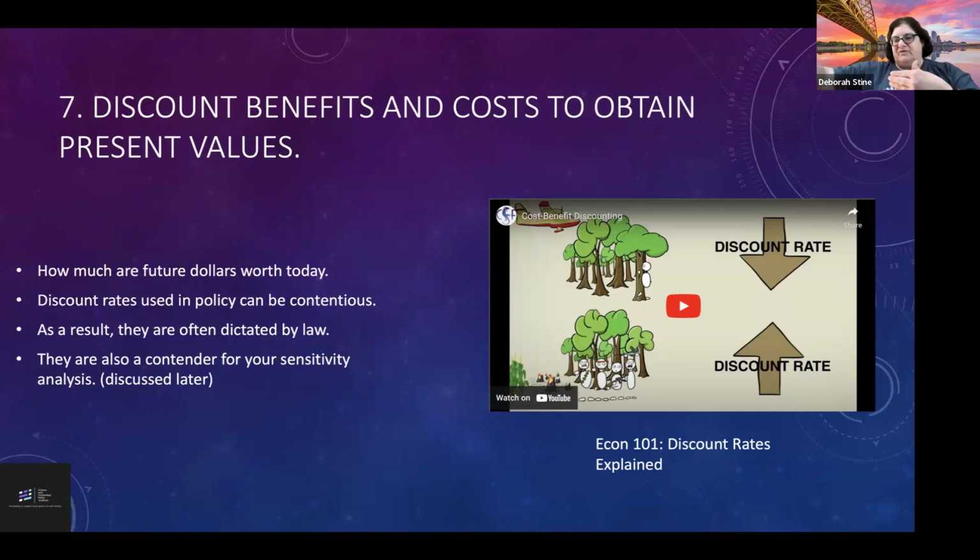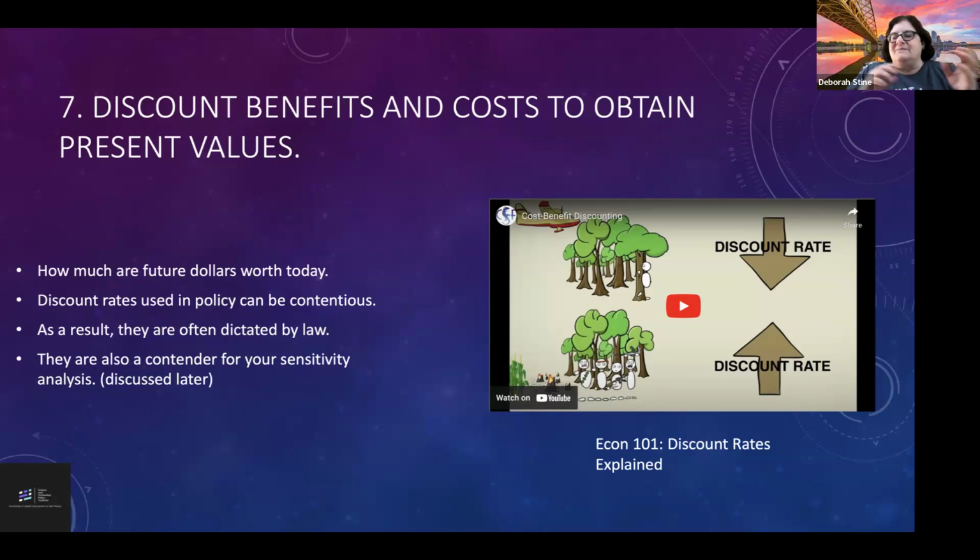For the other one, you'll be paying for 40 years. So you have to figure out some way so that these two different interventions can be compared. And so what you're using is a discount rate, basically an interest rate, to obtain what they call present values, so that they're on the same terms.